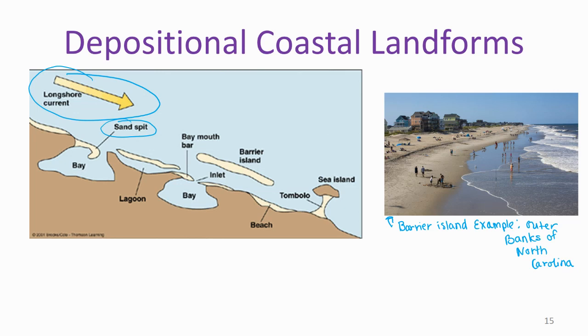These barrier islands in North America are mostly located along the Atlantic coast and in the Gulf region, like near Texas. And they protect the mainland from erosion that is caused by hurricanes.